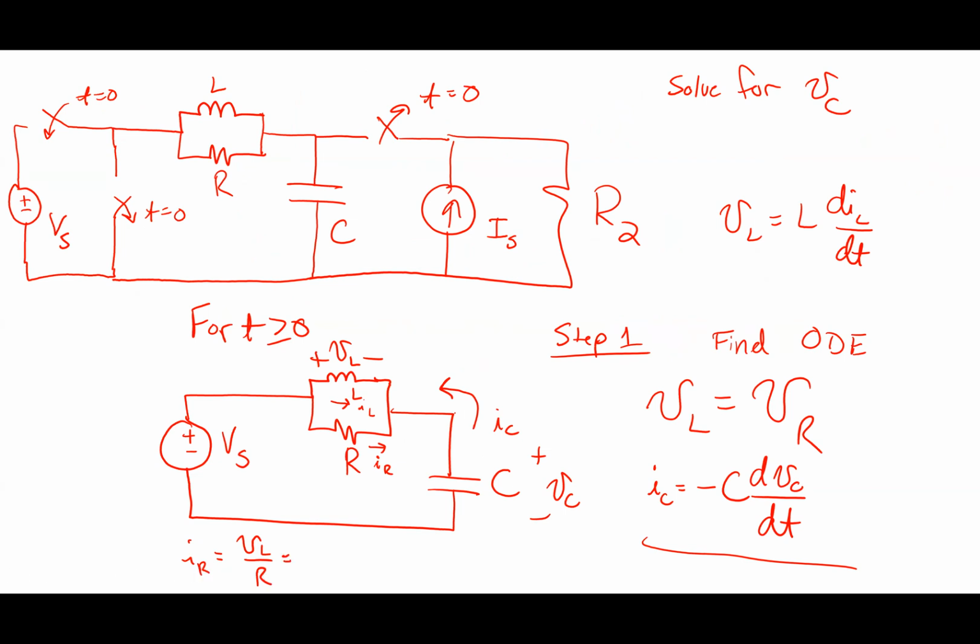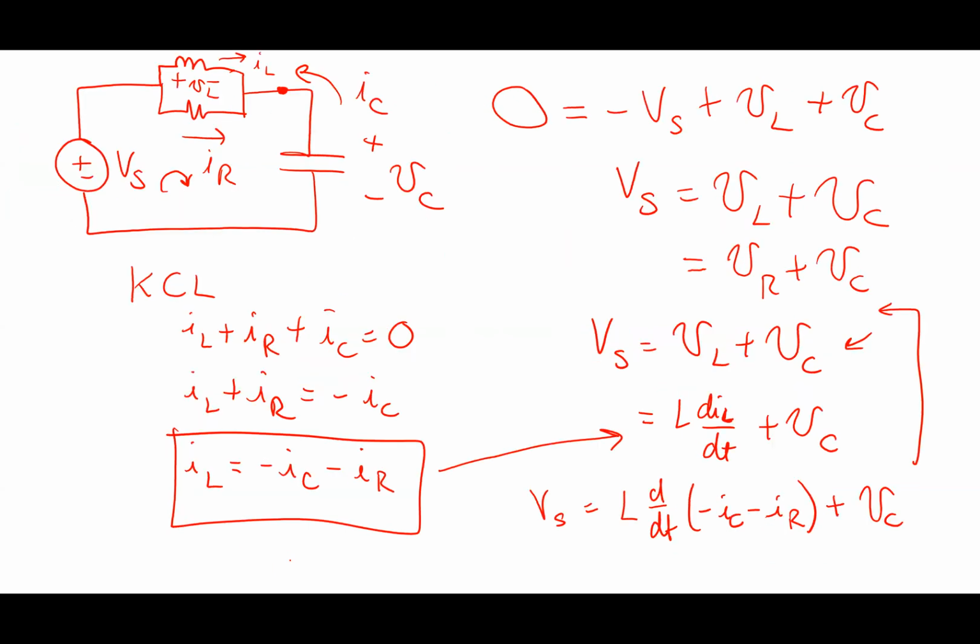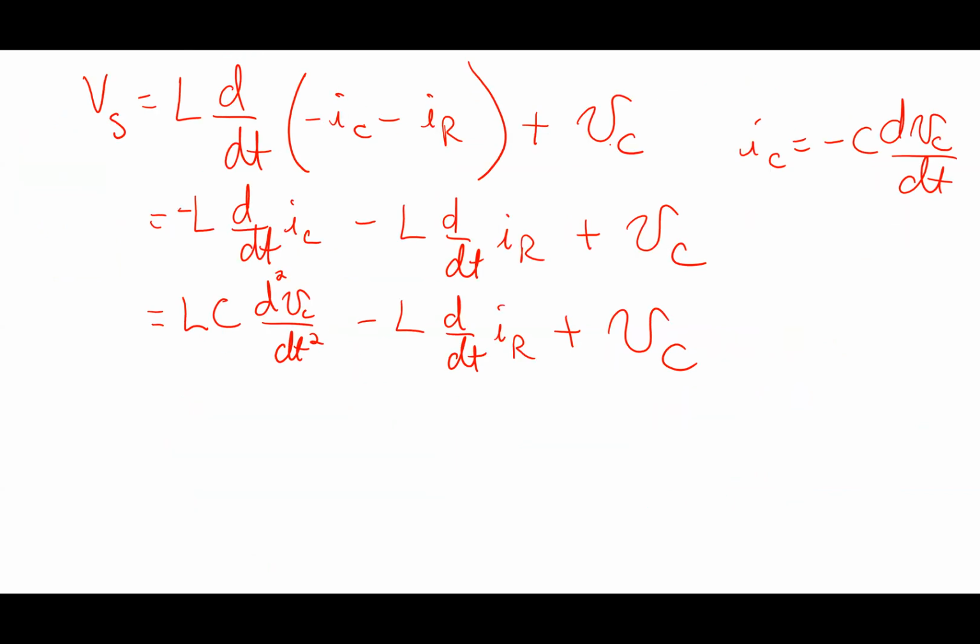How is VL related to everything in this circuit? We got a KVL here. That tells me that VS equals VL plus VC. So what's VL equal to? Yes, VS minus VC. So we just said IR is equal to VR divided by R.